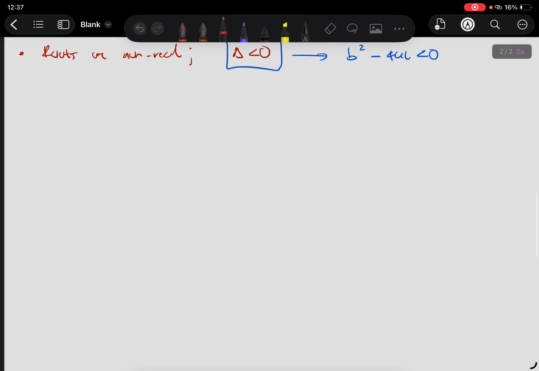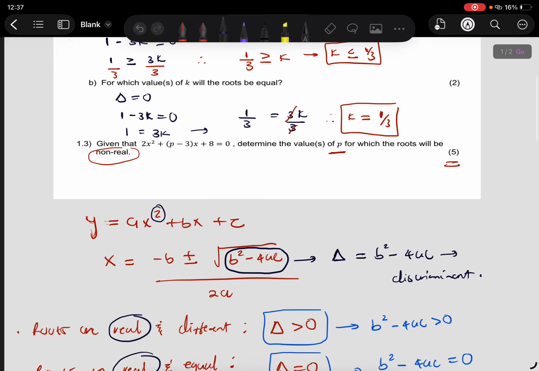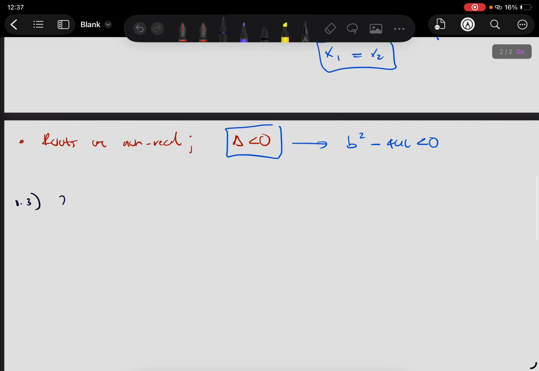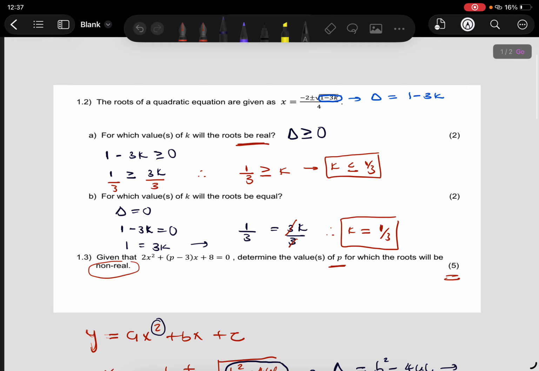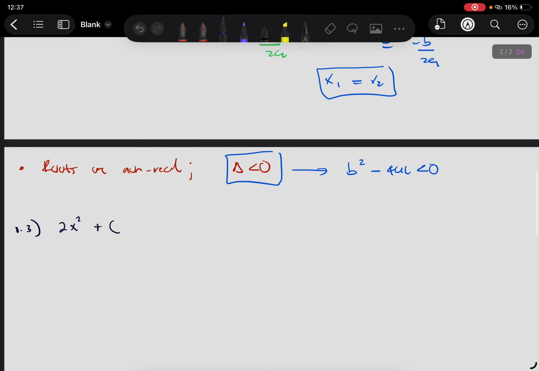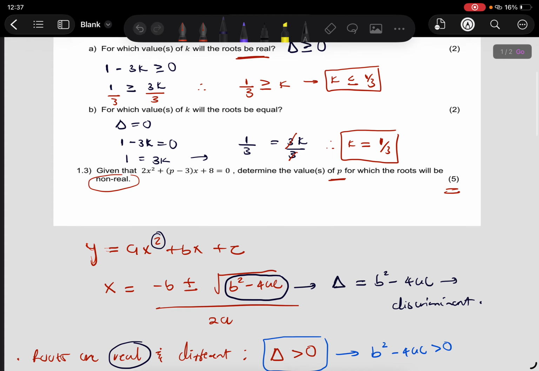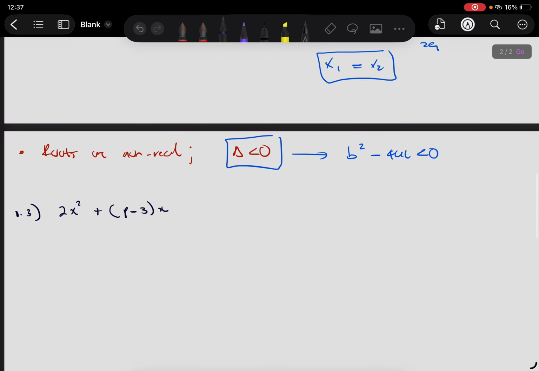Let's move to 1.3. So in 1.3, we are given 2x squared plus (p minus 3) multiplied by x plus 8 is equal to 0.